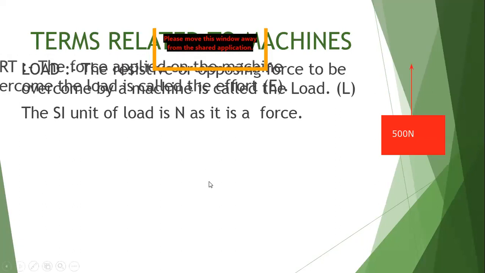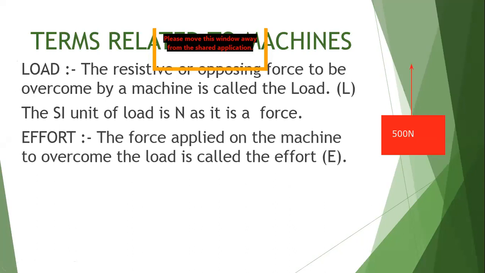Another very important and the next important term is effort. Now what is effort? Effort is nothing but the force applied on the machine to overcome the load. If you look at this definition carefully, you will come to know there are two terms.